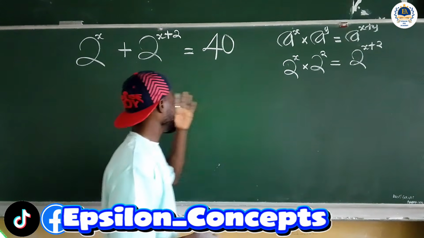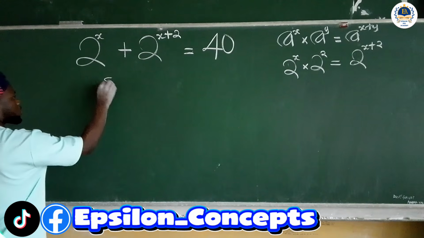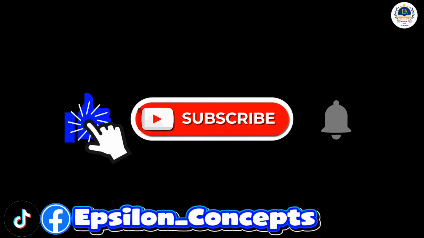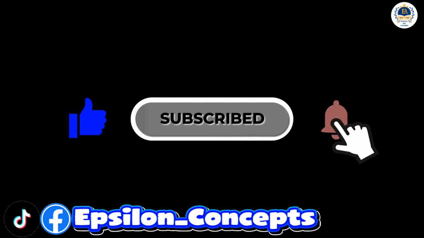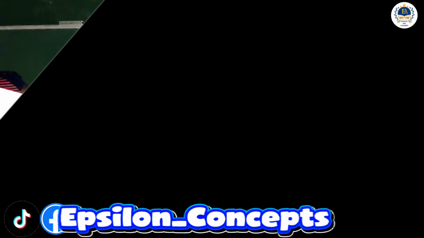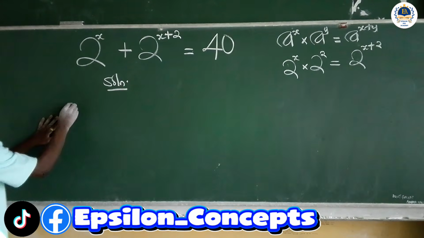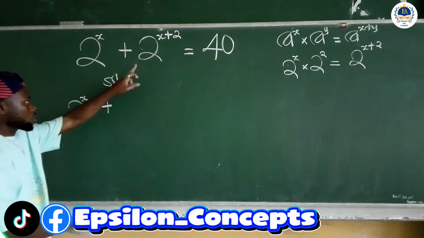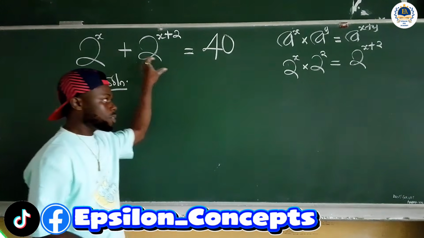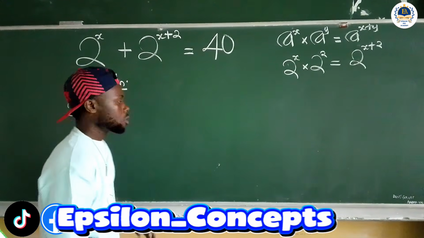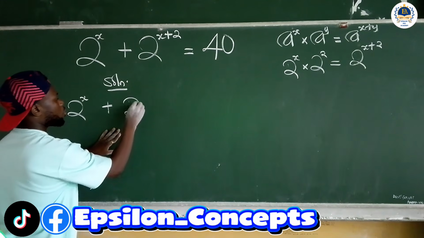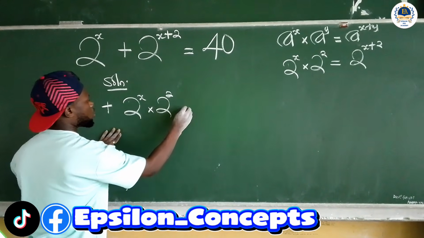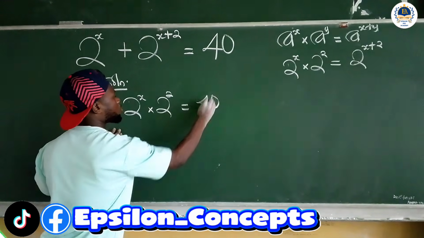Bringing this knowledge over to here, I'll write the solution: 2 raised to the power of x plus, over here, instead of this, I'll put this. So that is 2 raised to the power of x times 2 raised to the power of 2, which is equal to 40.